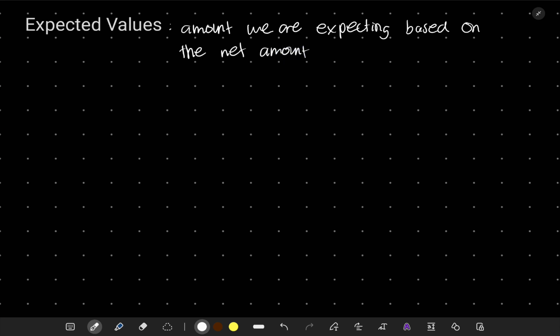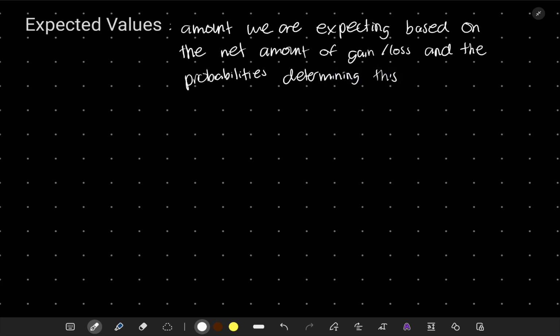So the way I can define expected value is the amount we are expecting based on the net amount of gain / loss and the probabilities determining this net amount.